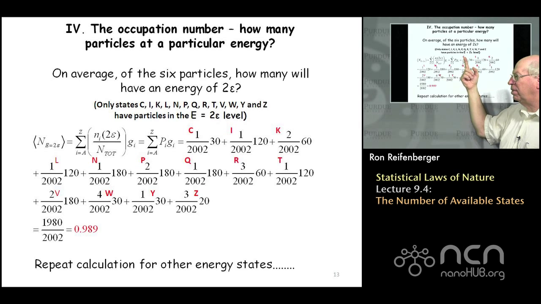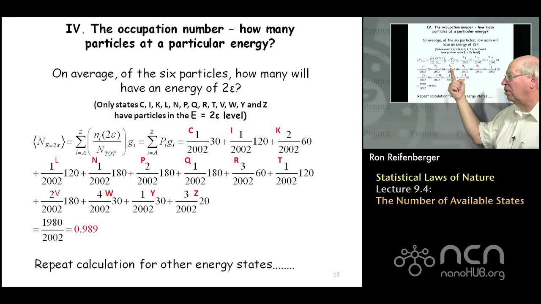So you have to look up the degeneracies of each of these macrostates. You also have to list how many particles are in the 2 epsilon energy level. So state C has 1 particle in the 2 epsilon level. State K should have 2 particles in the 2 epsilon level, and so on and so forth.